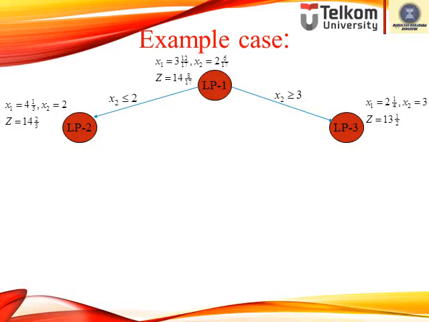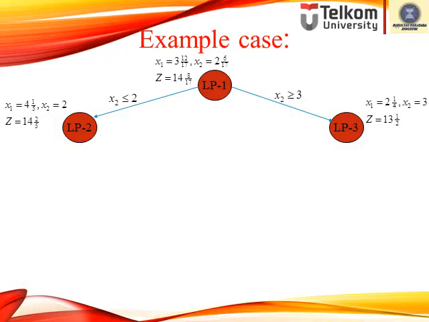If we want an integer number, we should take the upper number, which is 3. So in LP3 we give x2 more than or equal to 3, and in LP2 x2 less than or equal to 2, and then we calculate again.